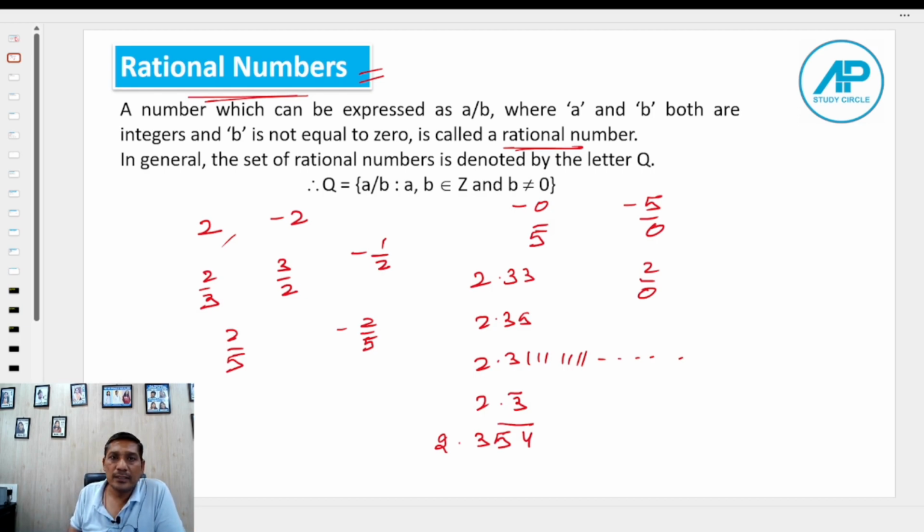The number expressed as a by b, where a and b are both integers and b is not equal to 0, is called a rational number. ऐसे सारे numbers जिनको हम a upon b के फॉर्म में एक्सप्रेस कर सकते हैं और जहां पर a और b दोनों integers हैं and b is not equal to 0, लेकिन b 0 नहीं होना चाहिए, डिनोमिनेटर 0 नहीं होना चाहिए.